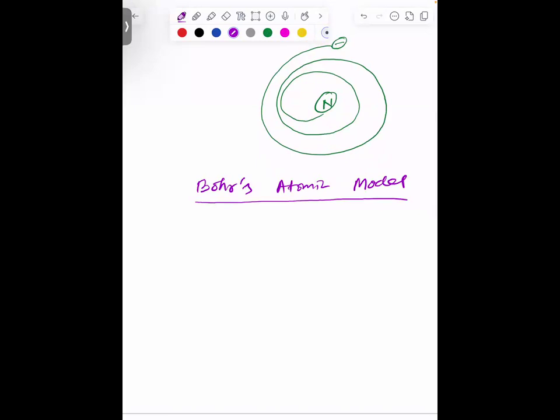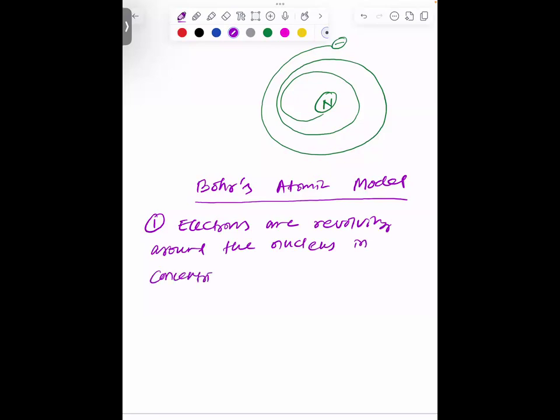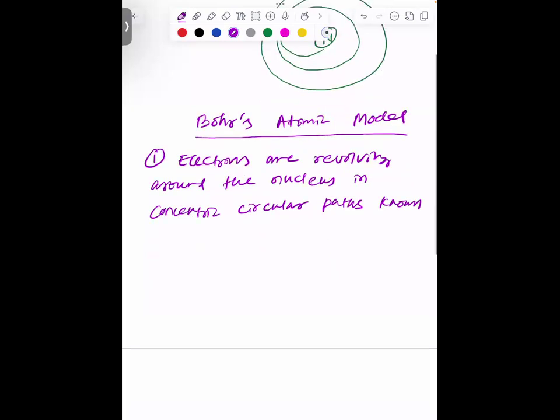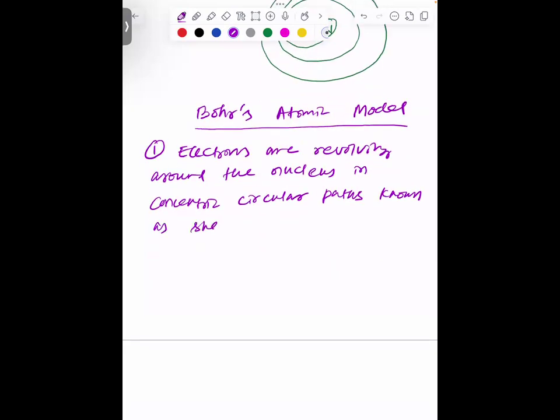So first, the postulate is: electrons are revolving around the nucleus in concentric circular paths known as shell or orbit.